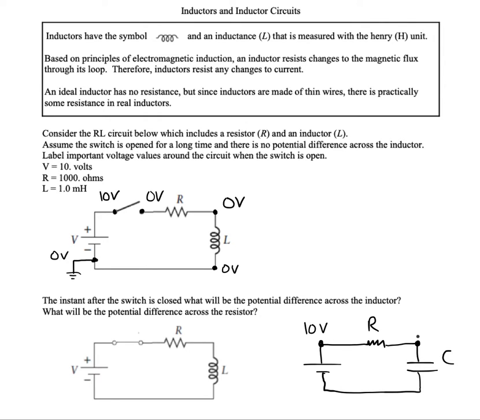So we would have 10 volts here, 0 volts here, and it would really take time for the potential difference across the capacitor to build up because it was all based on the charges that would flow onto the plates. There's some similarities here with RL circuits, but there's some major differences too.